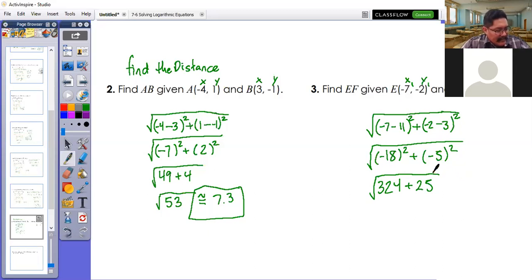And I'm going to add those together, and that should be square root of 349. And I need to take the square root of 349. And that's going to be 18.7, it looks like.